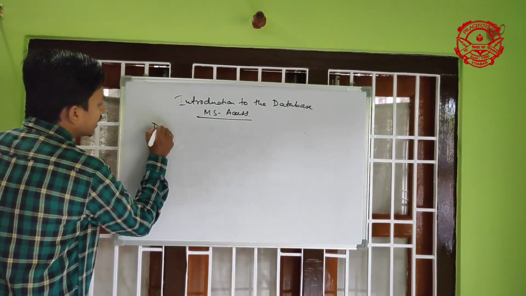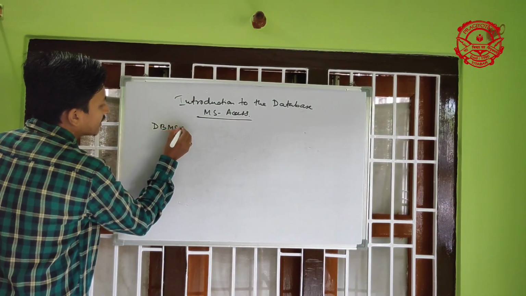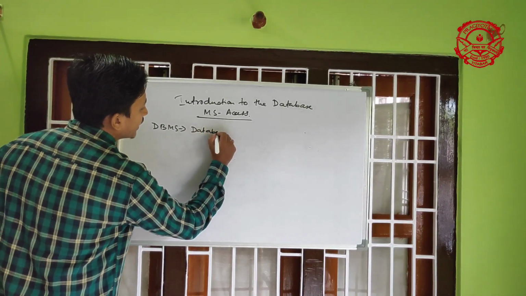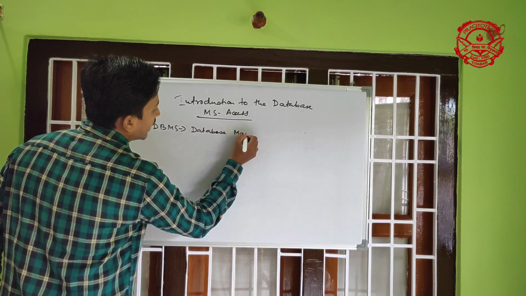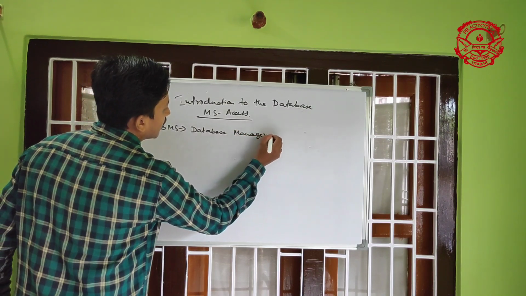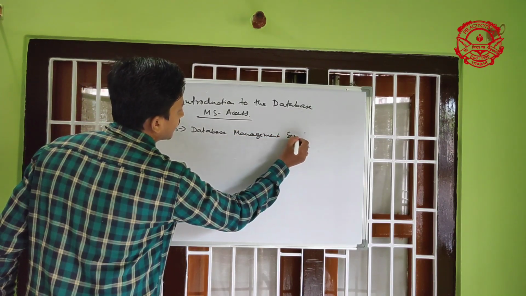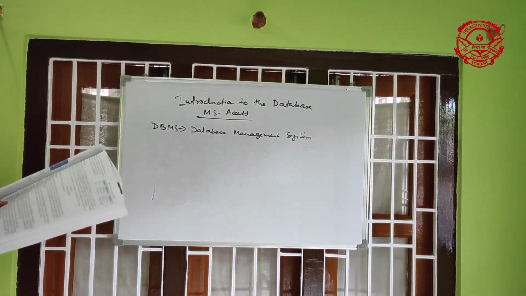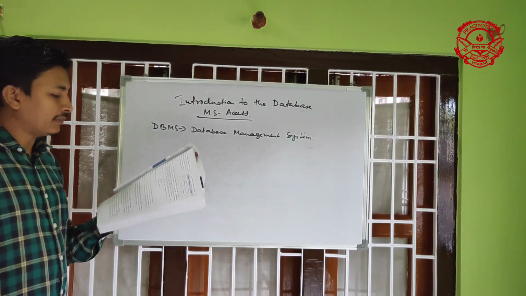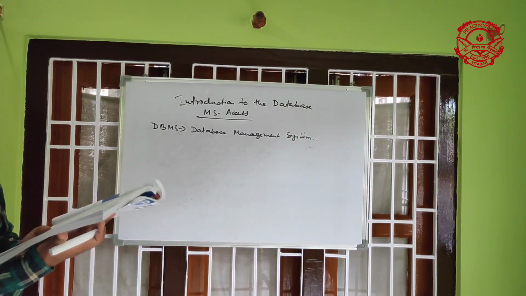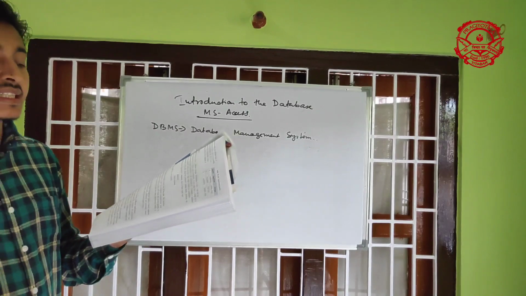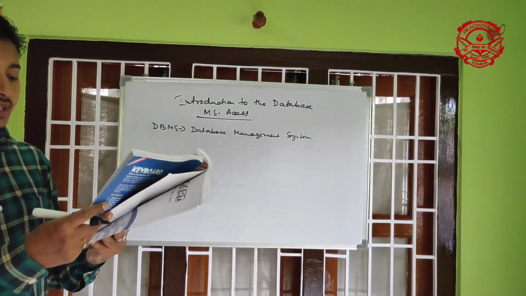What is actually DBMS, Database Management System? In the books you can see here, a DBMS can be defined as a program to manage a database easily, efficiently and accurately.